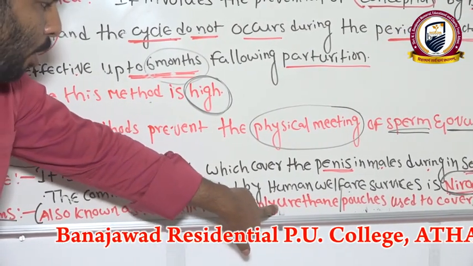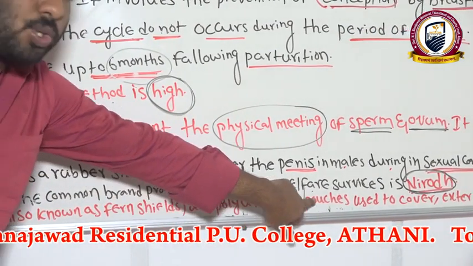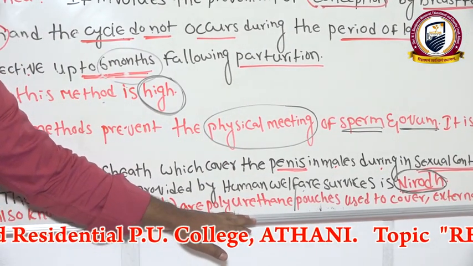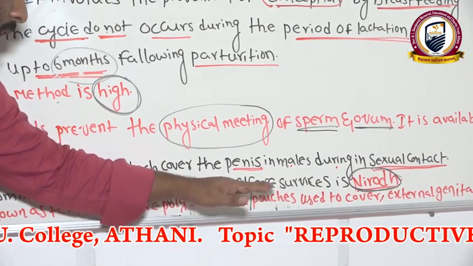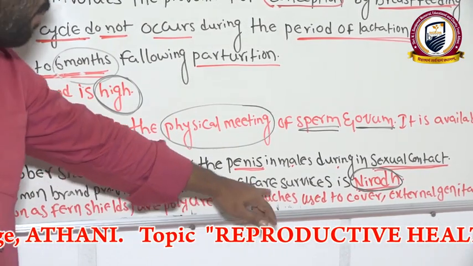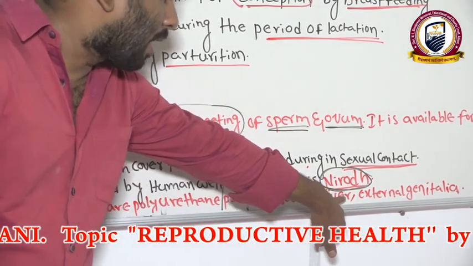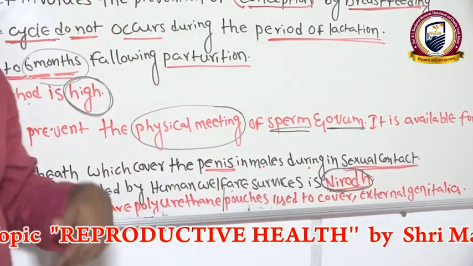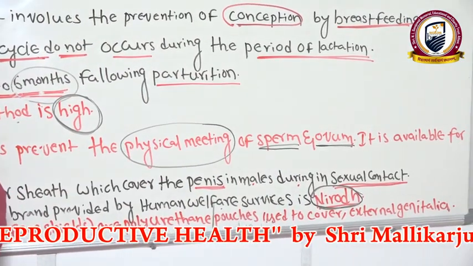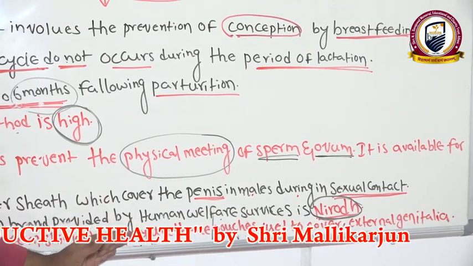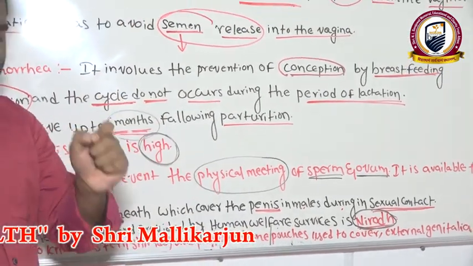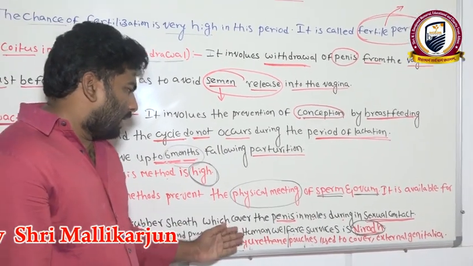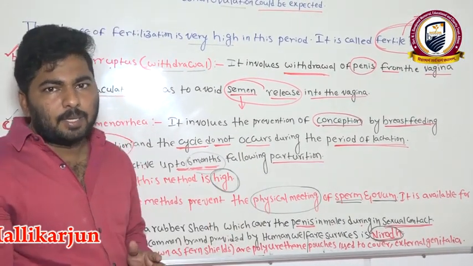They are polyurethane pouches. Polyurethane is nothing but a polymer. With the help of this polymer, the government is preparing pouches used to cover the external genitalia, that is, the vagina and cervix.